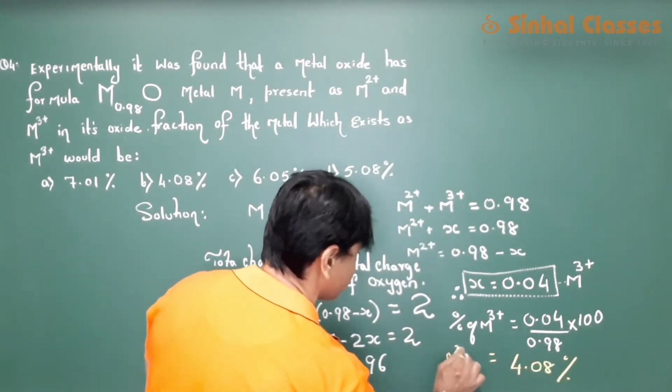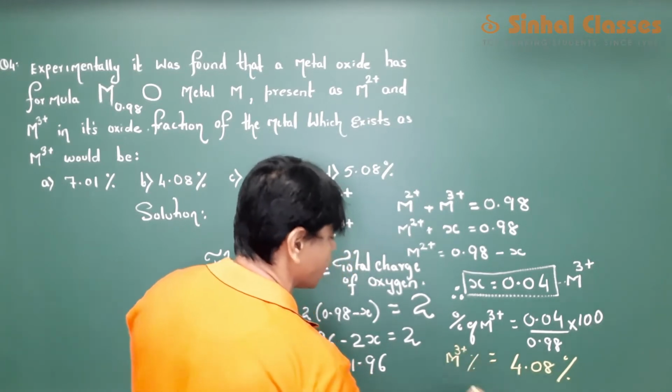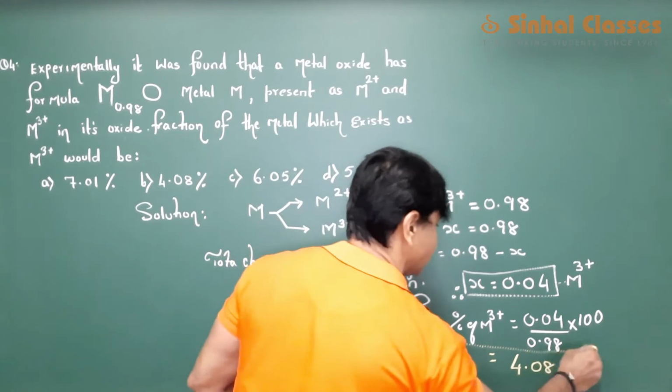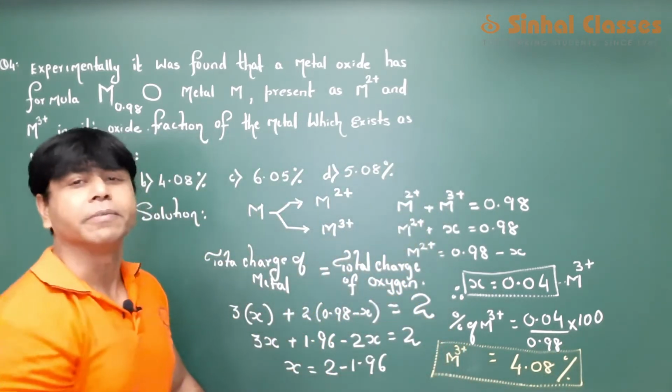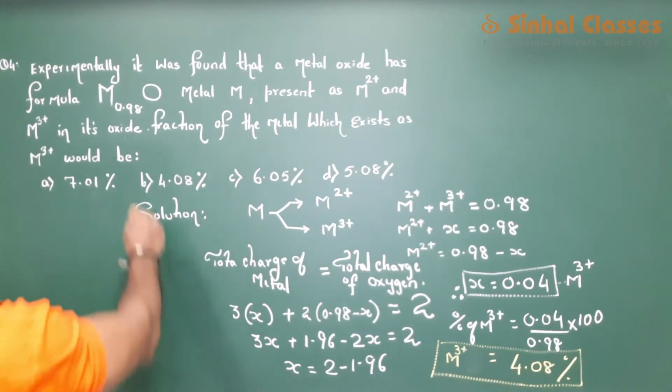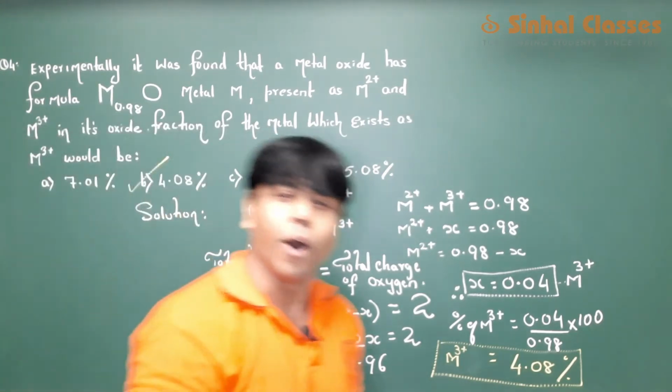So M3 plus present in the solution is 4.08 is your answer. So your final answer will be among the option B is the correct option.